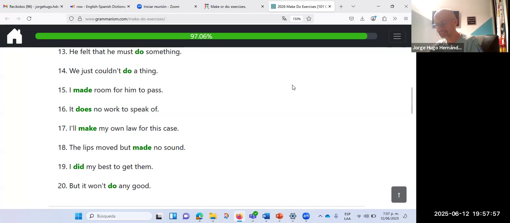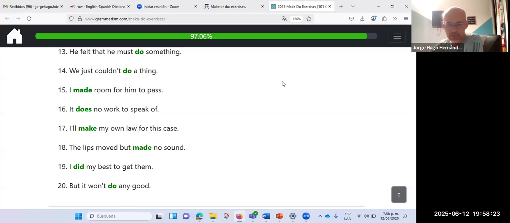So we did a lot of exercises today using these two verbs, do and make. And from now on, you can start using these verbs appropriately, no? Remember that sometimes we can't learn every circumstance or every case or every situation when we use do or make.